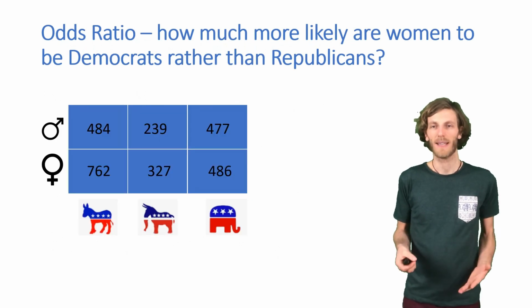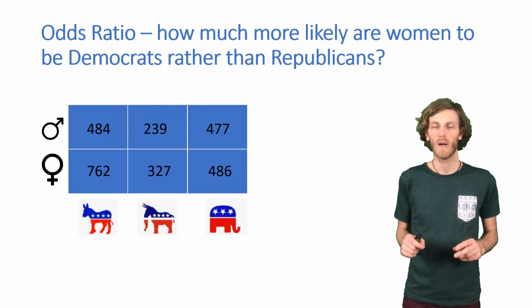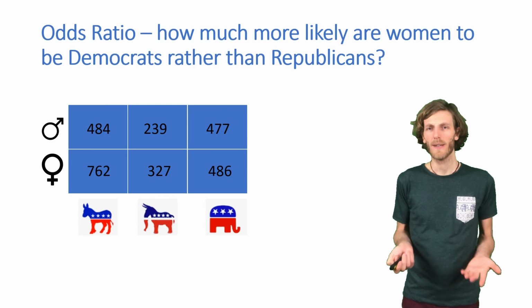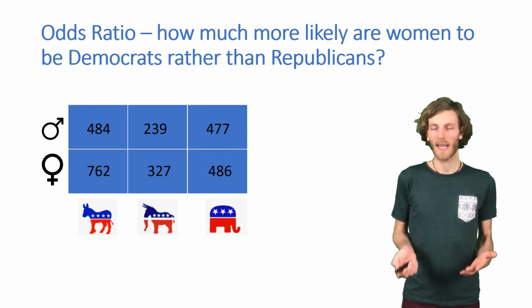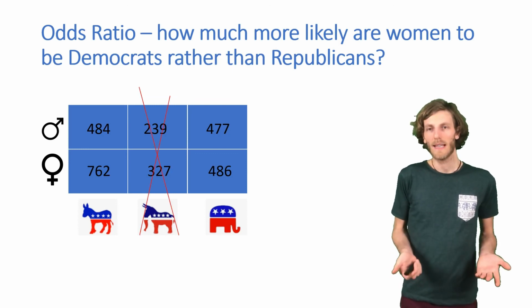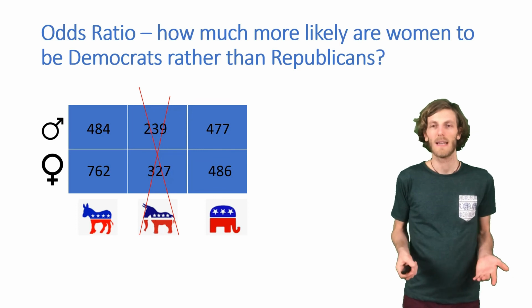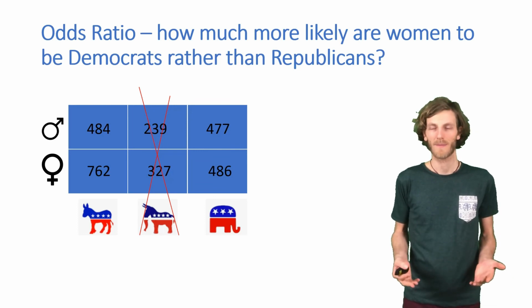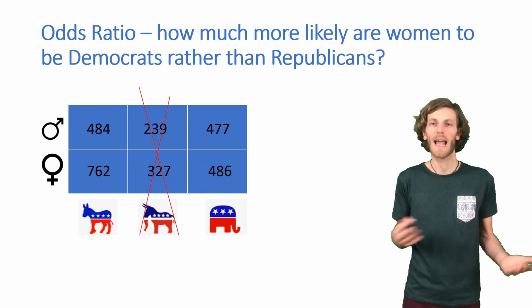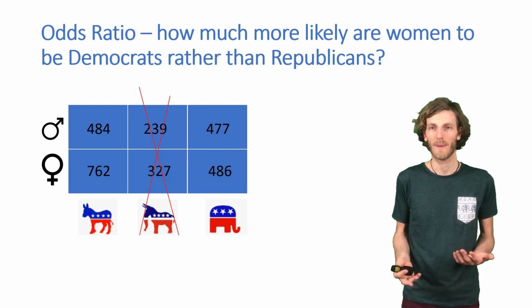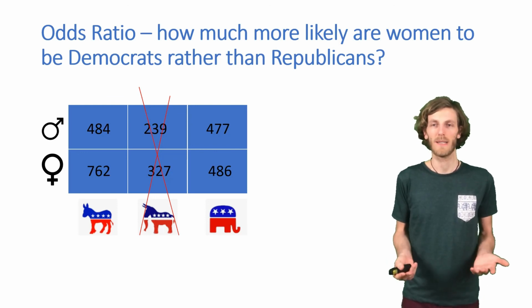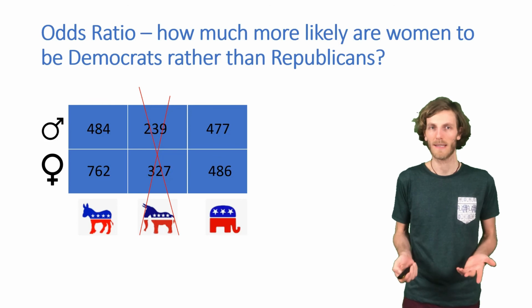Well, we can't figure it out if we have more than two categories for either of our categorical variables. So we need to get rid of a category. Right now, we're very simply doing it by leaving out independents. Of course, we could also add up independents and Republicans, depends on the precise question we want to answer.